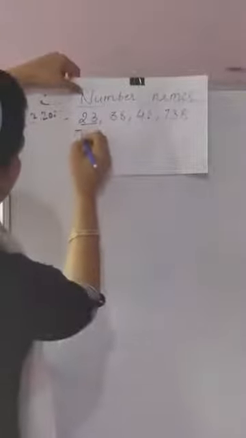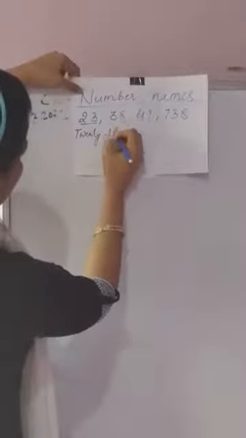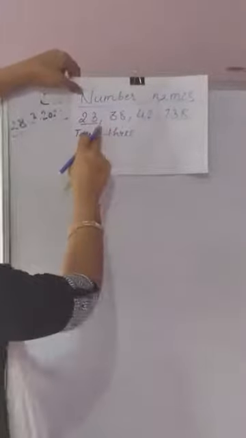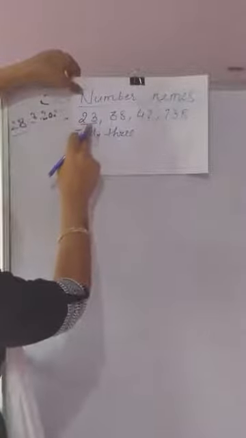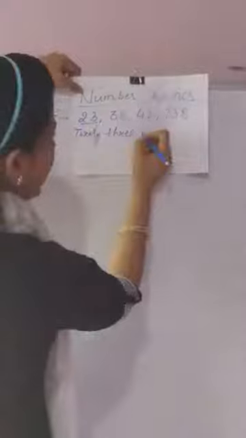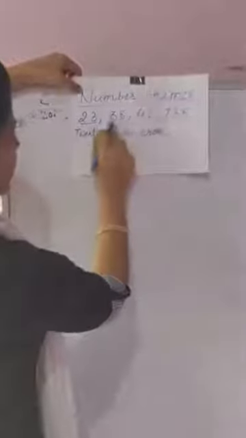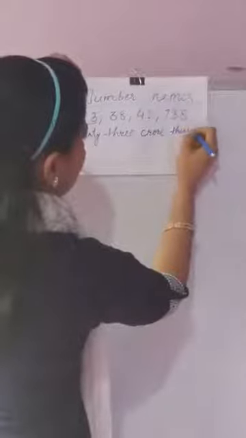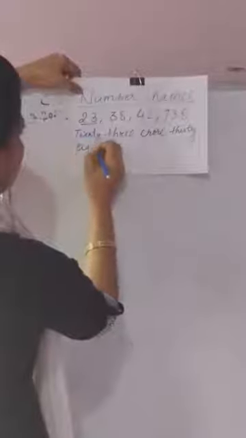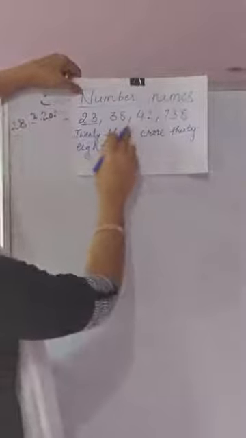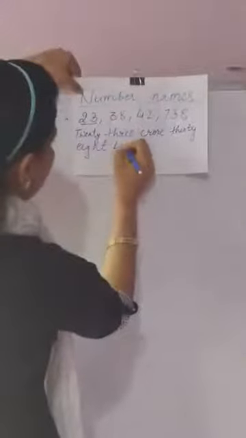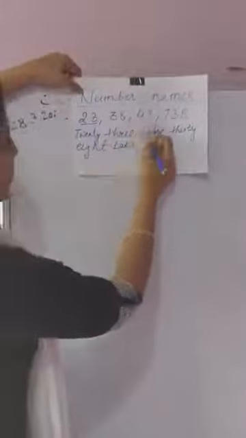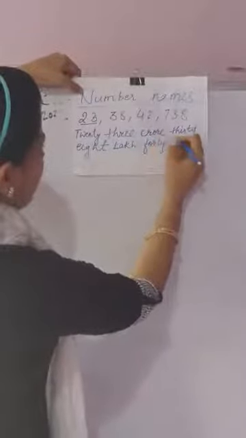For example, this is 23, so you will write 23. Now comma. Comma means you have to write its period. Which period is this? This is crore. So for this comma, you have to write crore. Now 38. Now comma. This comma represents this period, and this period is lakh. 38 lakh. Now 42.